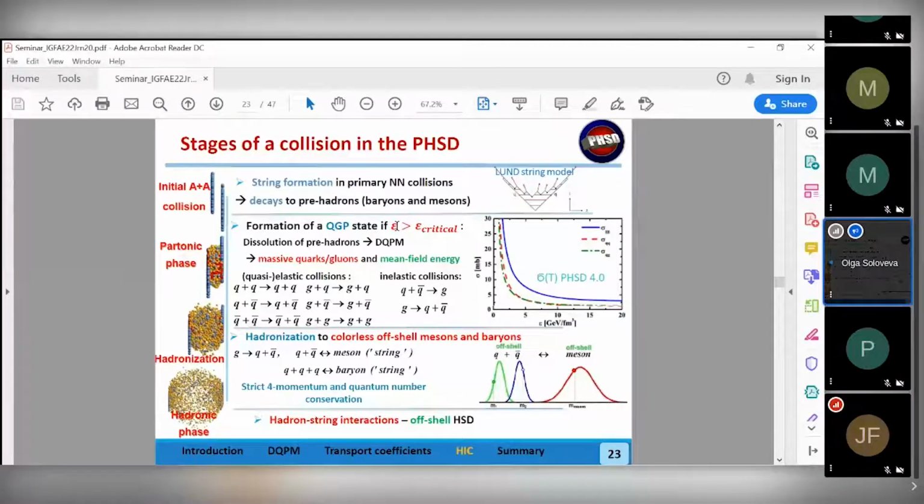Later, we will consider a few versions of PHSD. Before, in PHSD, we took into account only the temperature dependence of the cross-section, and actually the cross-section wasn't estimated using the matrix element.